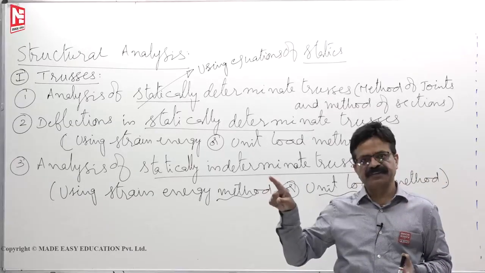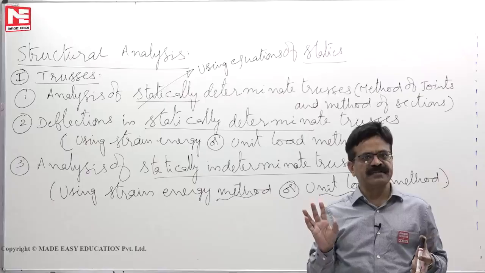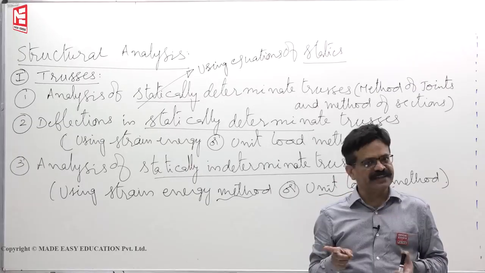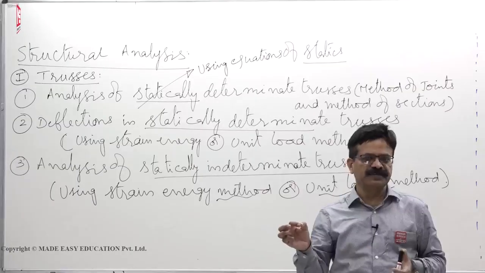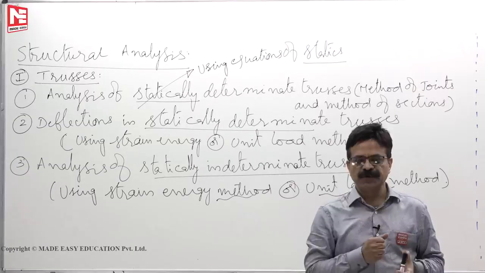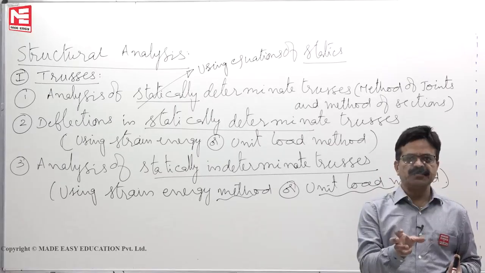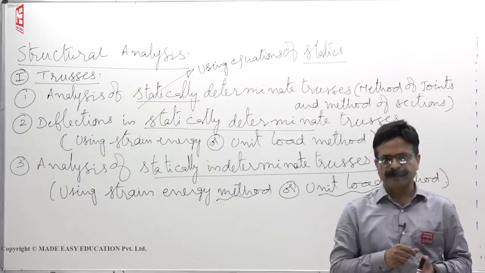That means the radius of curvature of both members is the same. So strain in concrete is equal to strain in steel is equal to strain in wood, and that comes from the radius of curvature in wood being equal to the radius of curvature in steel.